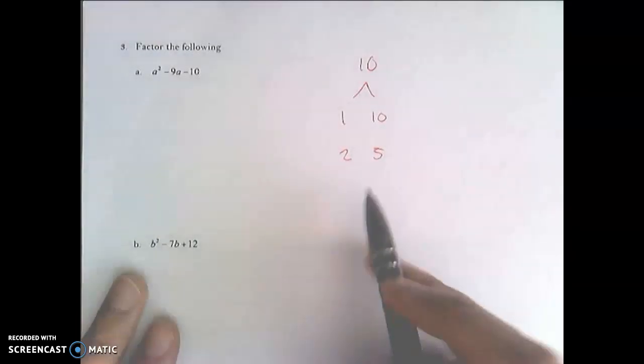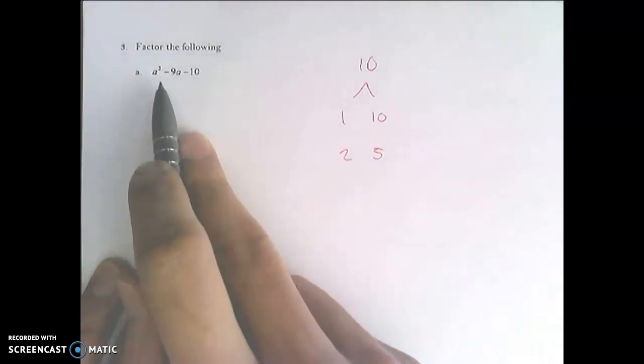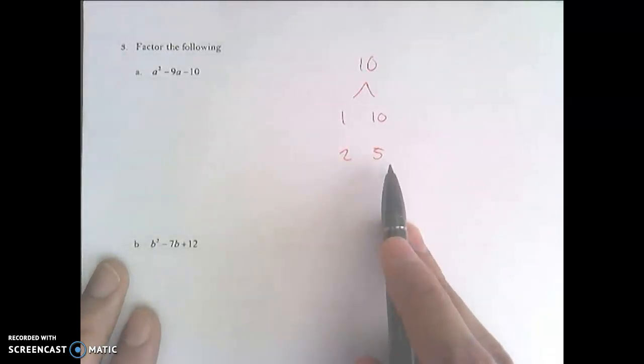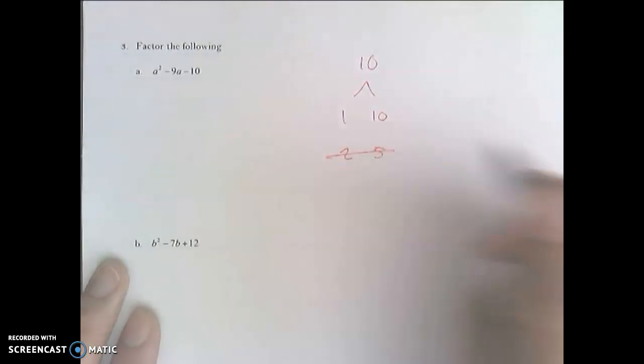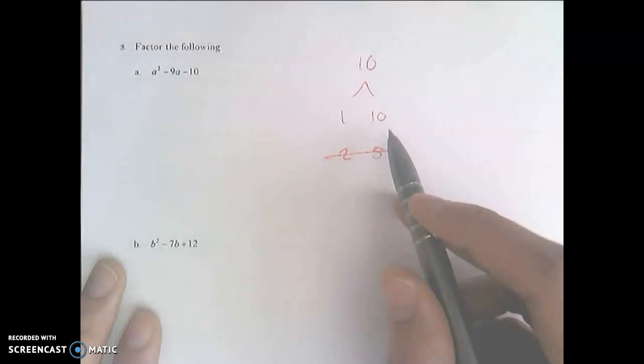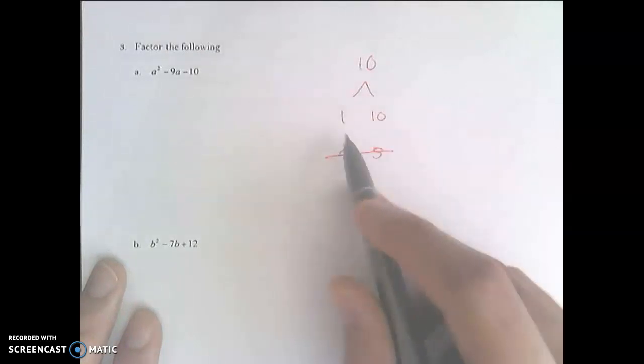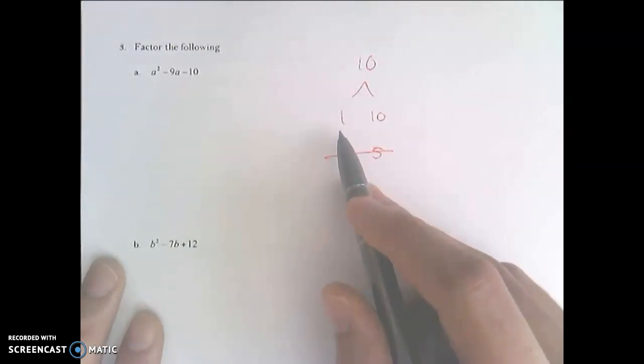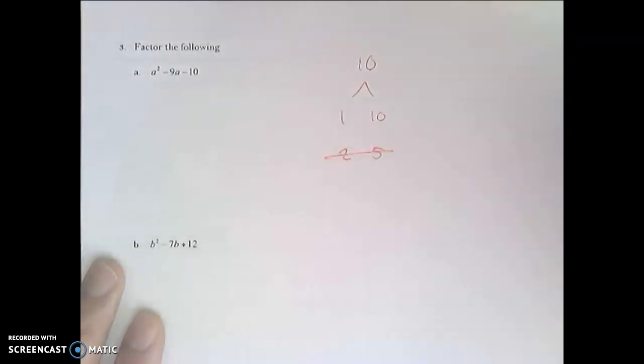So can 2 and 5 ever add up to negative 9? Let's see. 2 plus 5 is 7, 5 minus 2, no, that doesn't ever give us a negative 9. But let's try 1 and 10. 1 plus 10 is 11, but maybe 10 minus 1 gives us a positive 9. But what about a positive 1 and a negative 10?